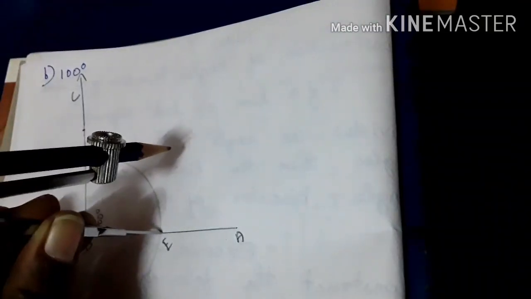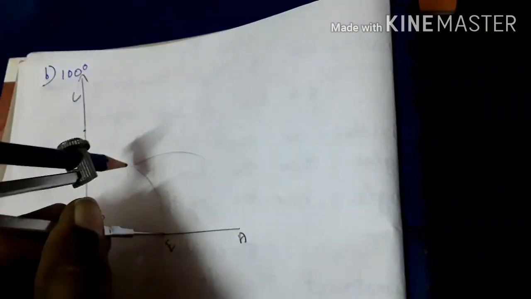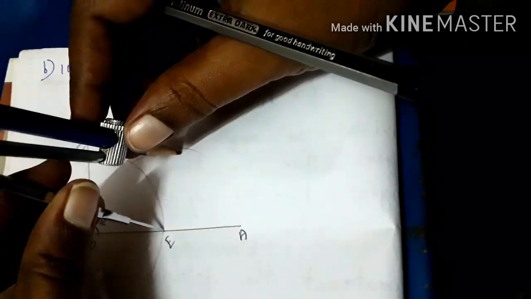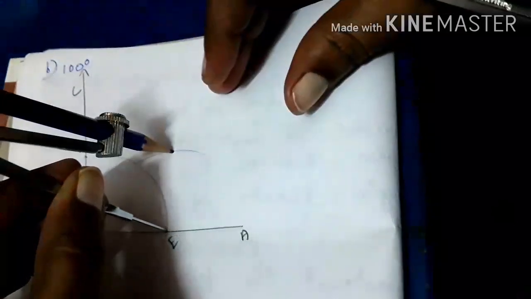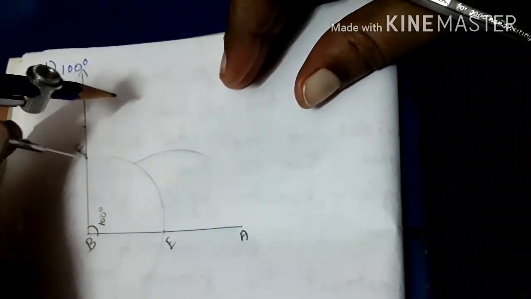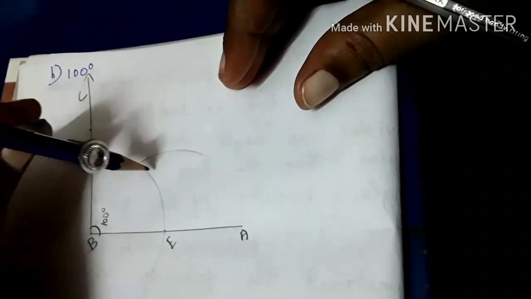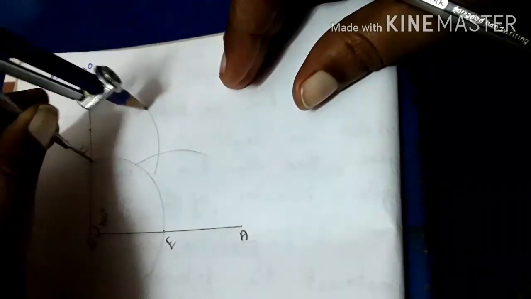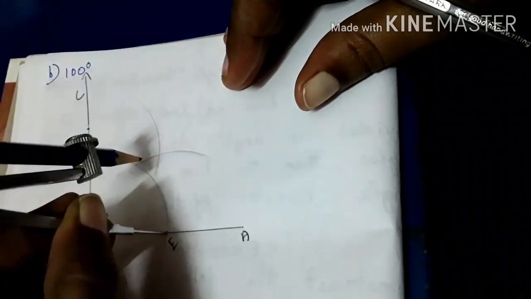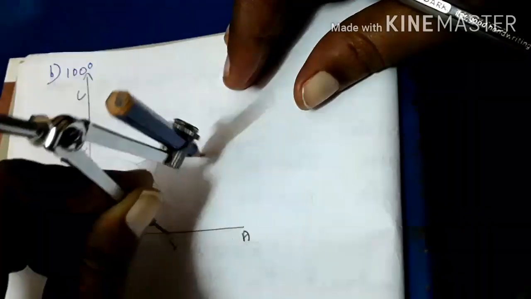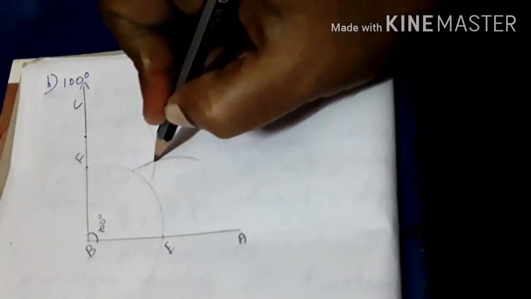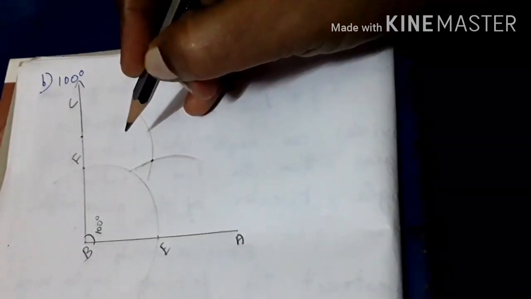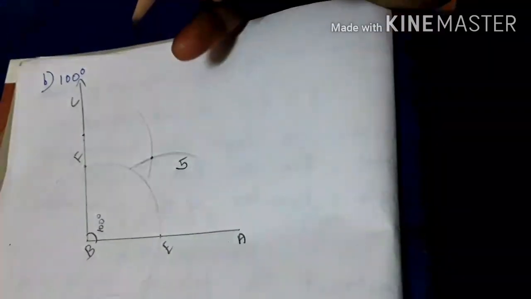Next, use E as a center and draw one arc. Next, F as a center, you cut the arc. This point will be G.